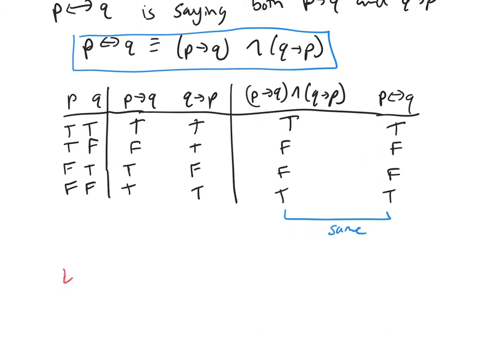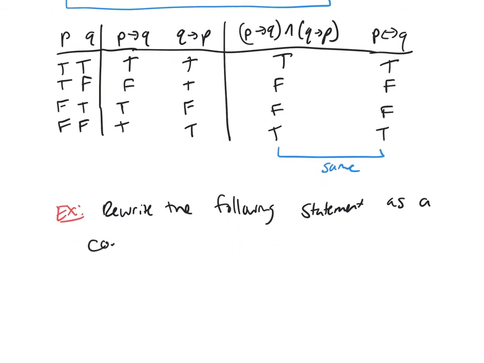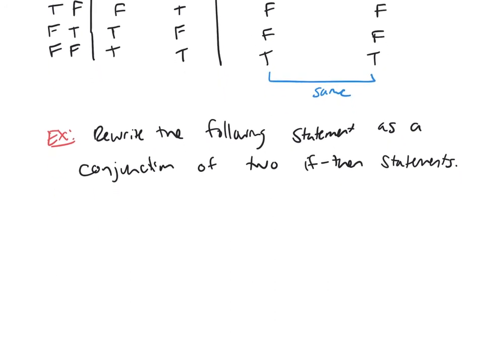So let's use this fact. We want to rewrite the following statement as a conjunction. Remember that conjunction means and of 2 if-then statements. So we want to rewrite this statement.